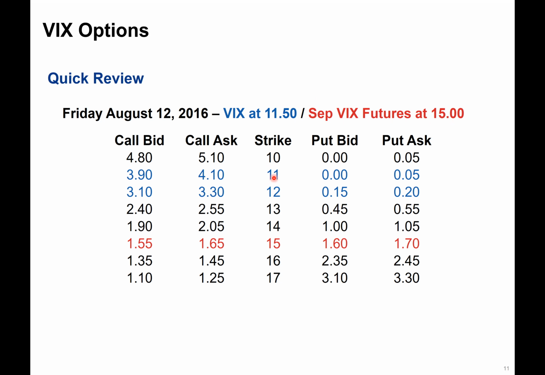Well, look at this. You've got the 12 strike put trading at 20 cents. Well, if you can buy the 12 strike put for 20 cents, you have just acquired the right to sell VIX at 11.80.